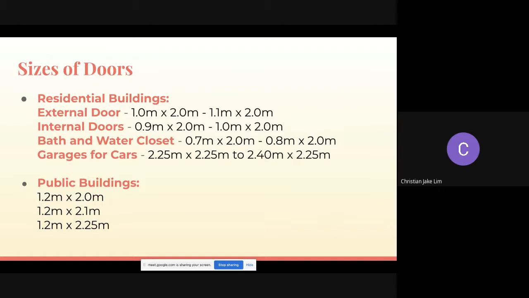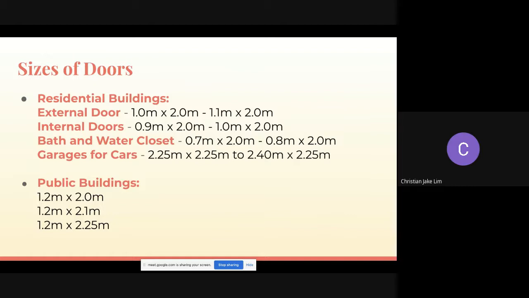The bath and water closet should be 0.7 meters by 2 meters to 0.8 meters by 2 meters. And for garages, if you have one, its standard size should be 2.25 meters by 2.25 meters, so it's basically a square, to 2.40 meters by 2.25 meters.